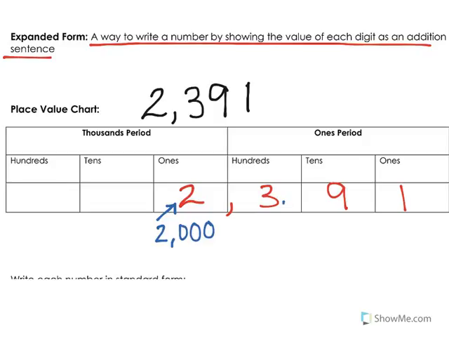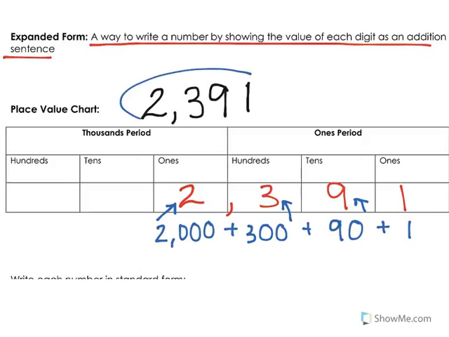This 3 is not just a 3, it represents 300. This is not just a 9, the value is 90, and then this 1 is just 1. Then I would put addition signs between them to show that they combine to create this number.